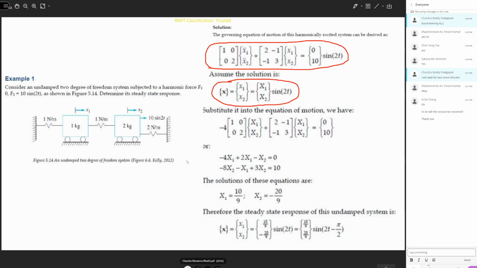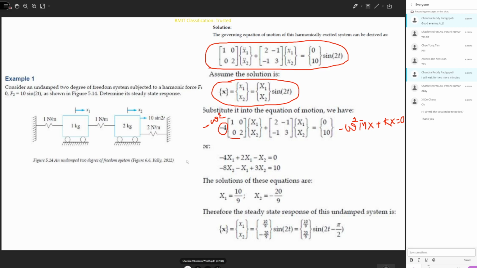Now to get the solution, minus omega square M x plus K x. Omega is 2, so omega square is 4, minus omega square is minus 4.